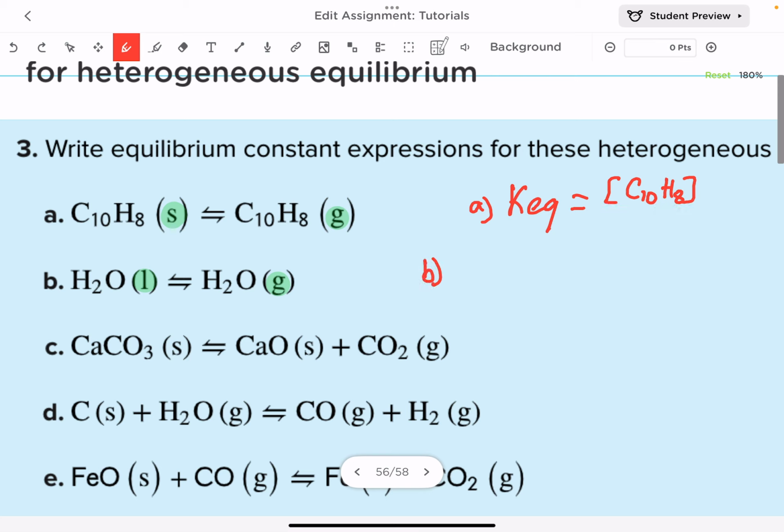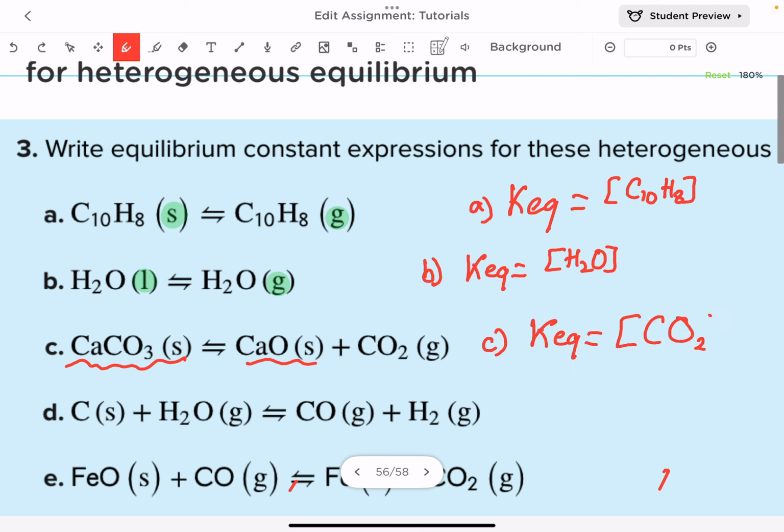Now B, K equilibrium is equal to only H2O gas. I'm not going to include the H2O liquid. For part C, these two will not be involved in the formula. So K equilibrium will be only the concentration of CO2.